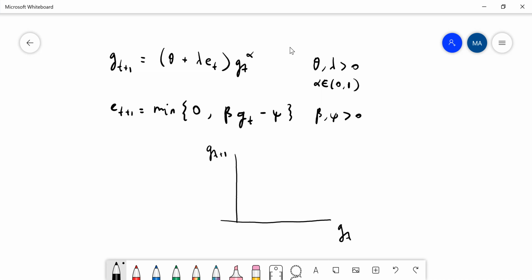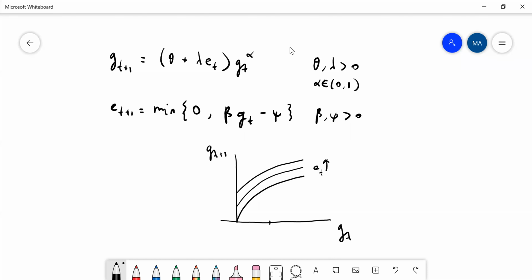Since alpha is between 0 and 1, with no education, you have something like this, right? And with positive education and increasing levels of education, you have this, right? So if people are more educated, then for any level of G_t, G_t+1 is larger, okay? So there's this type of dynamic between growth and education.